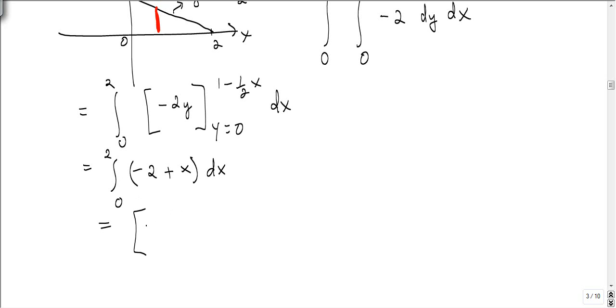Integrate: minus 2x plus x squared over 2, from 0 to 2, which is minus 4 plus 2, which is minus 2. So that's Stokes.